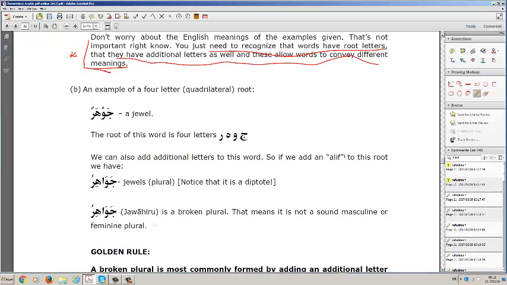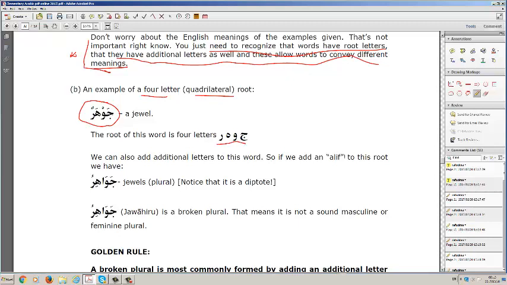And just to give you another example, we said also there are some 4-letter roots called quadrilateral. Okay, this is the English term. Again, you'll learn about this a bit later. But for example, if you take the word jawhar, which means a jewel, it actually has 4 roots.